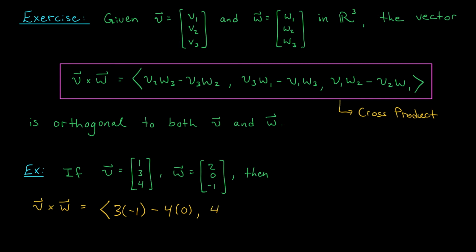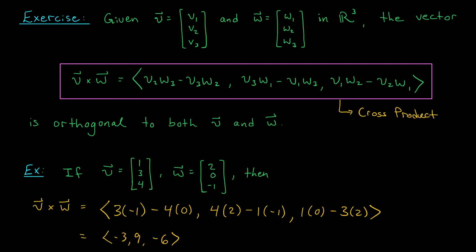So that's 4 times 2 minus 1 times -1. And finally, for our third entry, we have v1w2 minus v2w1. That's 1 times 0 minus 3 times 2. If you simplify this expression, you're left with the vector (-3, 9, -6). And I'll let you check that this vector really is perpendicular to v and w.